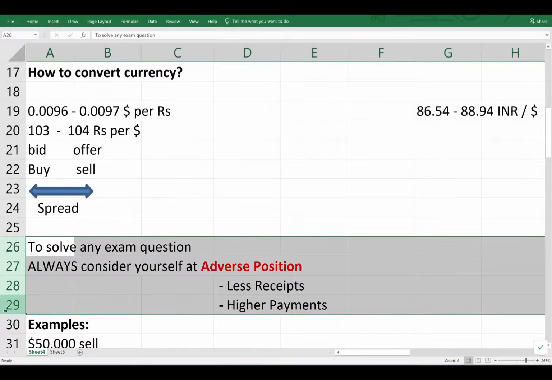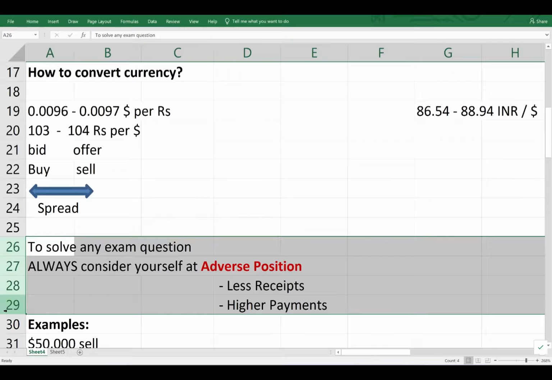You want to sell, right? So we have two cases. Either you are going to sell foreign currency, or you are going to buy foreign currency. Why would you want to sell? Because you receive, say you are in Dubai, you receive Indian rupee, you want to sell. You receive Canadian dollar, you want to sell. You receive Australian dollar, you want to sell.